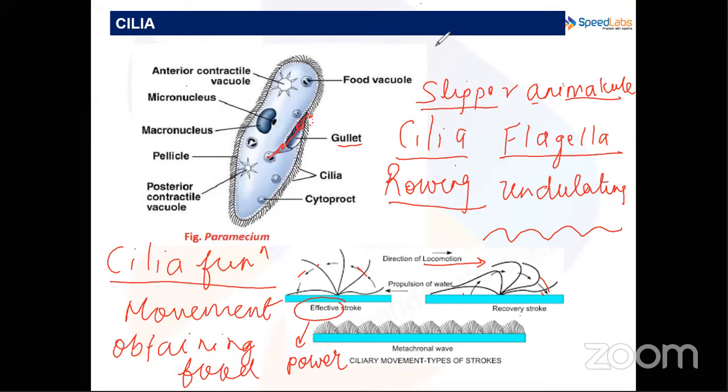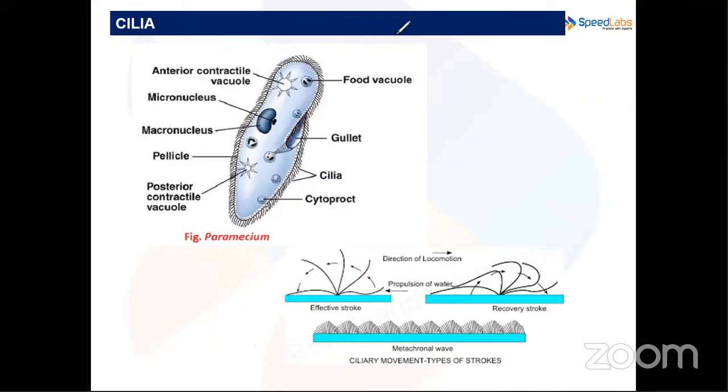Okay, so let us now come to the internal structure of cilia and flagella. Now, internally the cilia and flagella have the same structure. And what is there internally? Let us just discuss the internal structure of cilia and flagella.